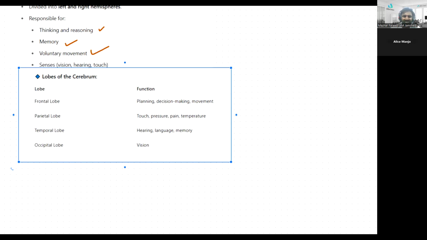The temporal lobe is involved in controlling hearing, language and memory information. It helps store memory, for both long term and short term. The fourth lobe is the occipital lobe, which is related to the eyes and involved in controlling vision.